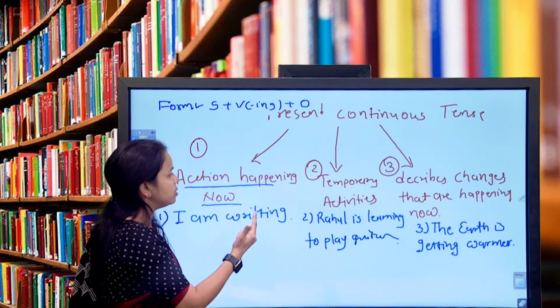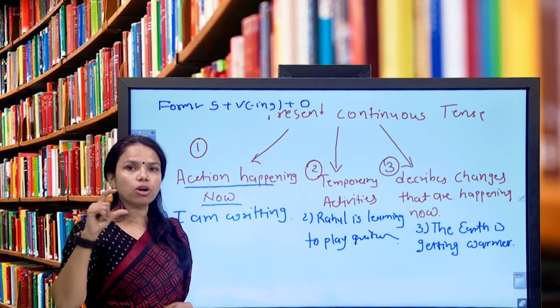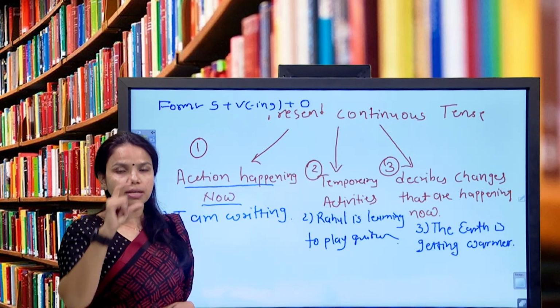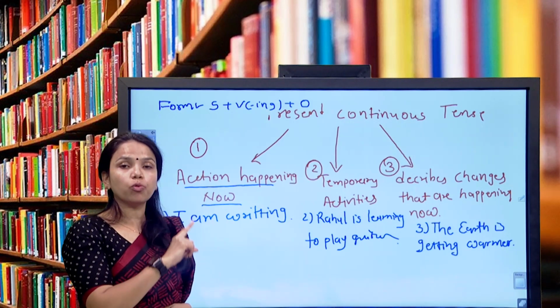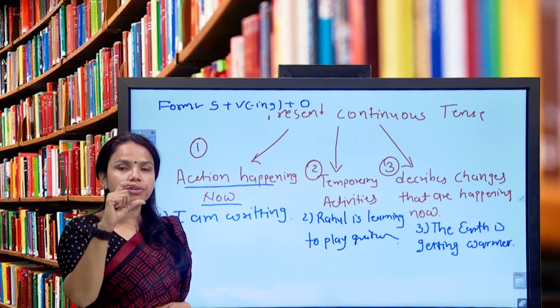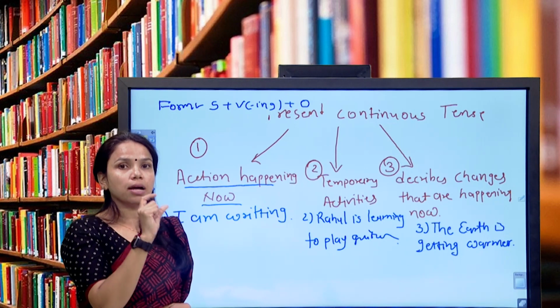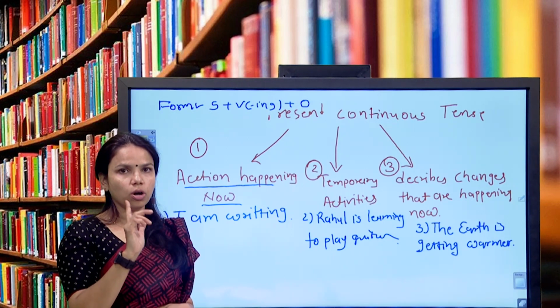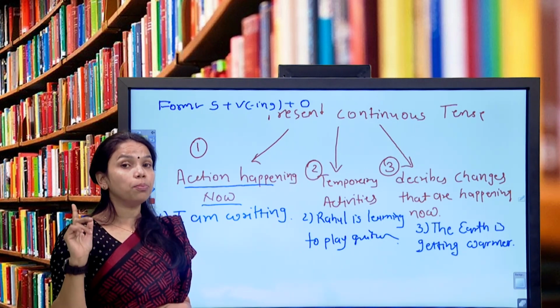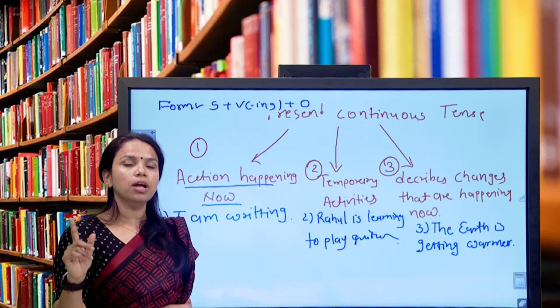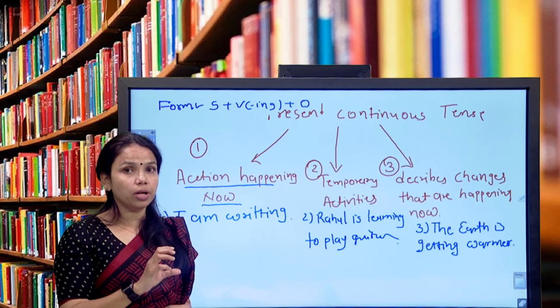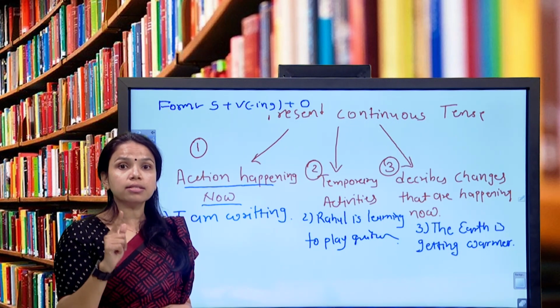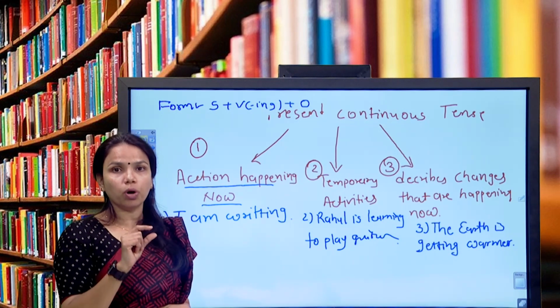So, what is the structure of a present continuous tense? Subject, verb, object. In simple present tense, what we did? After a verb, if the subject is first or second person singular or plural and third person plural, we use main form of the verb. And if it is a third person singular, we use s or es after the main verb, right?